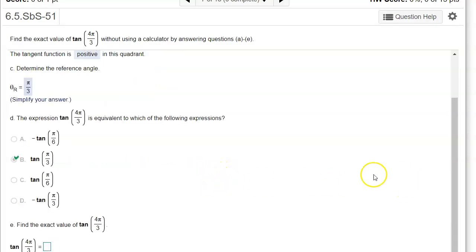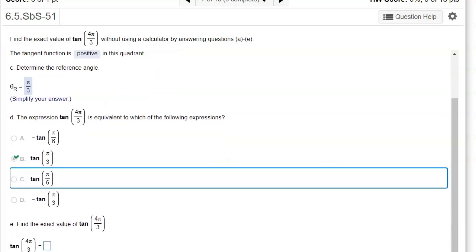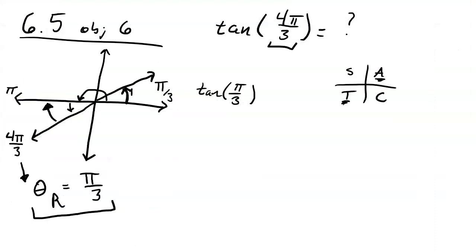Nice work. So now, finally, it is asking you to find the exact value of tangent of 4 pi over 3. So in order to evaluate our tangent function at 4 pi over 3, since there's no change in the sign, we can use this pi over 3.